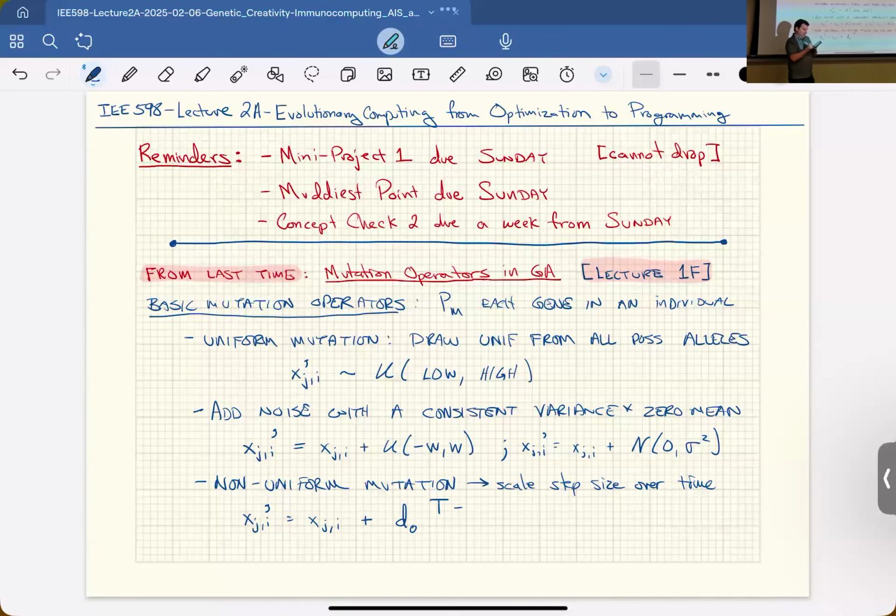So then I might say T minus little t, where little t is my current generation, over big T.